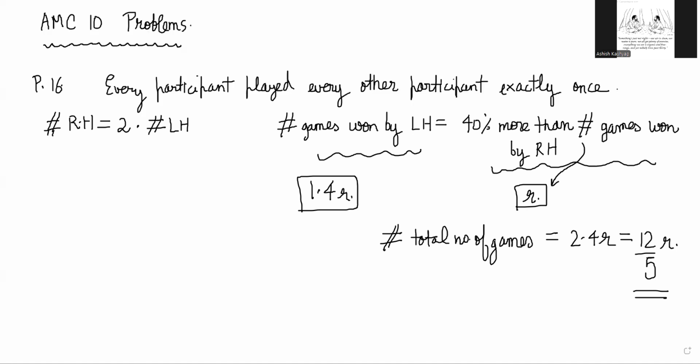If we have 12 by 5 R, it doesn't seem like any of the options are divisible by 5, right? No, some are divisible by 5: 45 and 15.